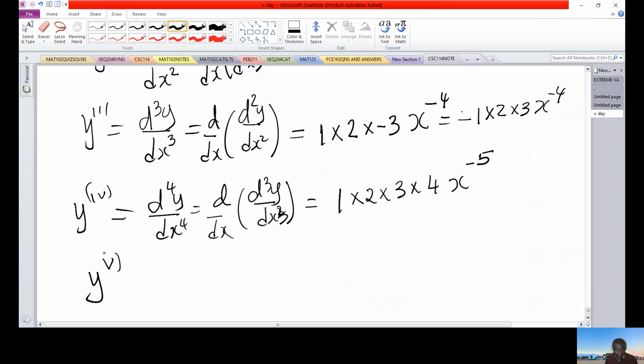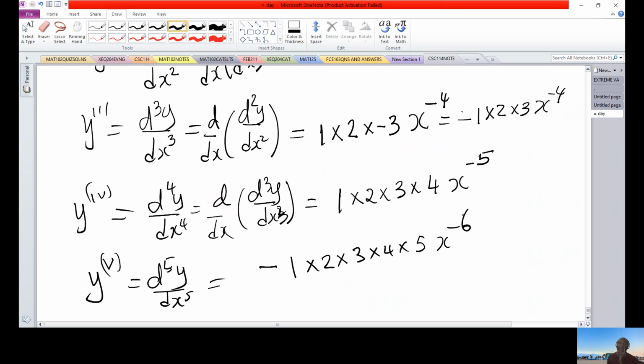Then the fifth derivative will be given by 1 times 2 times 3 times 4 times 5 x raised to the power -6.